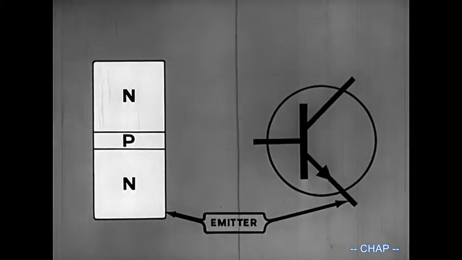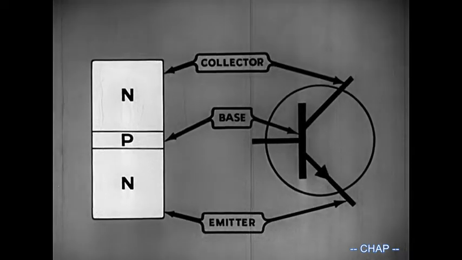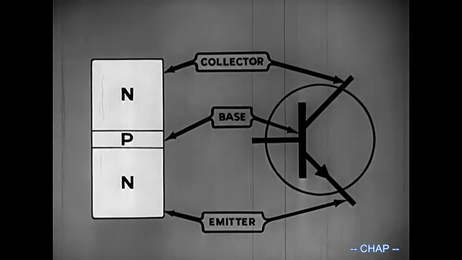In a schematic, the NPN transistor is represented by this symbol. It is a simplified picture of the transistor's 3 main elements: the emitter, the base, and the collector. The structure of the symbol makes the 3 elements readily identifiable.